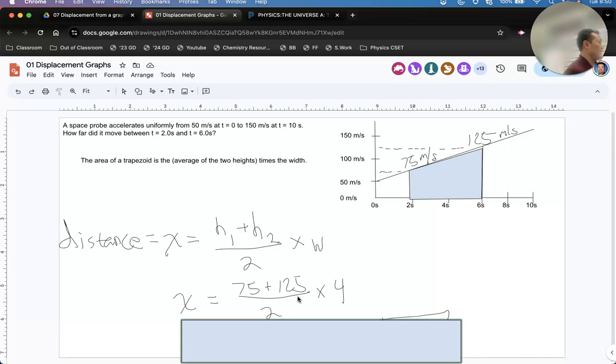75 plus 125 divided by 2 times 4. Let me call a student to do this math. Melanie, if you could grab your calculator and add 75 plus 125 divided by 2 times 4.